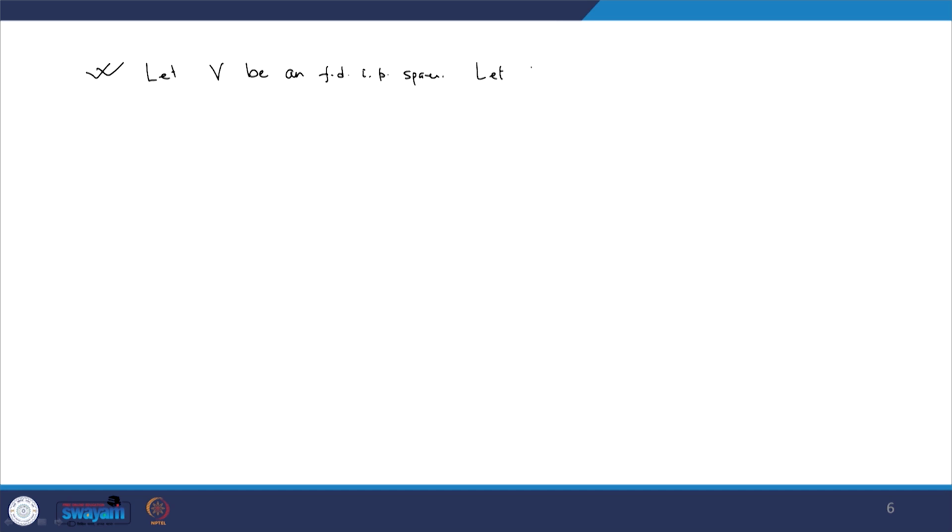Let E be the orthogonal projection of V on its subspace W, where W is a subspace of V. Then E equal to E star.